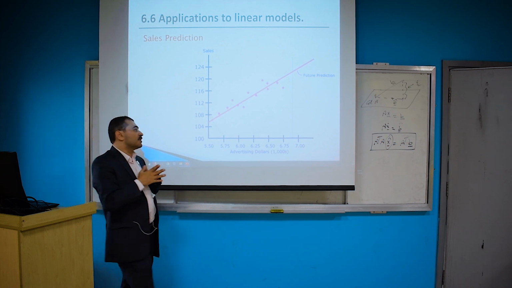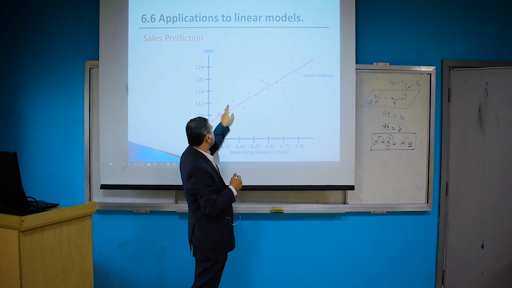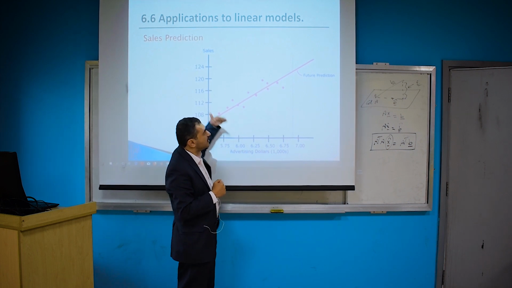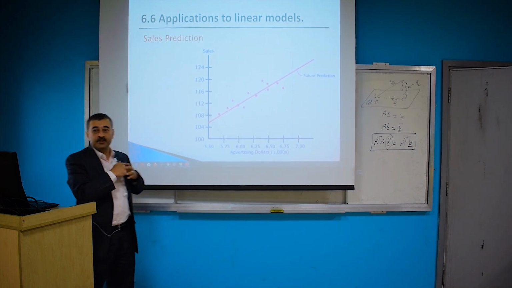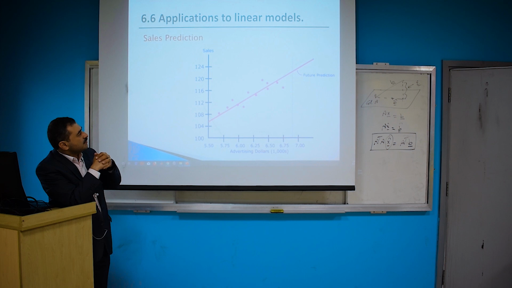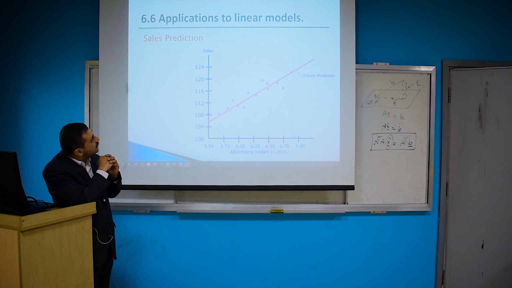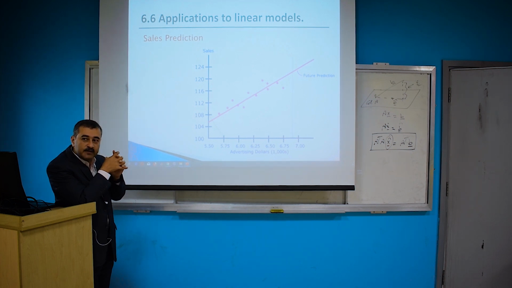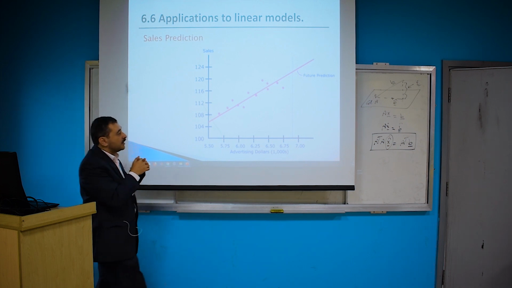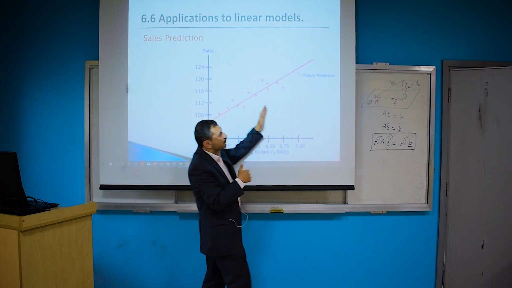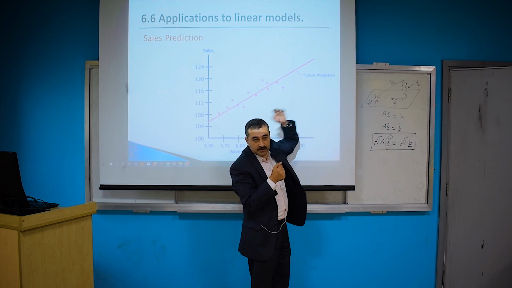So you get some points for something like this, and you want to find the best line that fits your data. So this is called a linear model to find the best line that fits your data. This is actually used for stock market, for example, for weather forecast and so on. You derive a linear model and then use it for prediction.